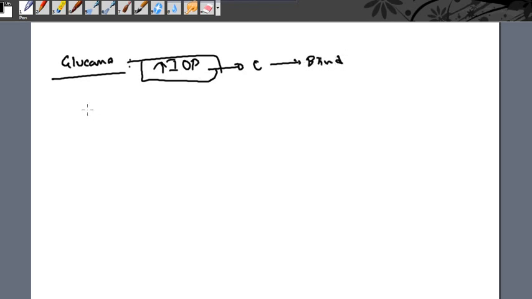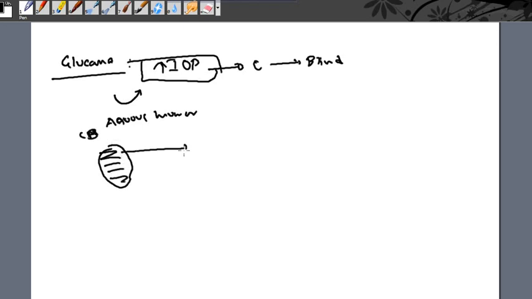One of the important determinants of the pressure inside the eye is aqueous humor. In the eye, there is the ciliary body, and this ciliary body forms the aqueous humor.